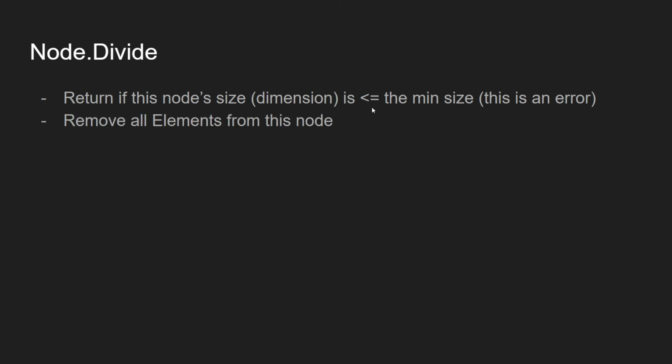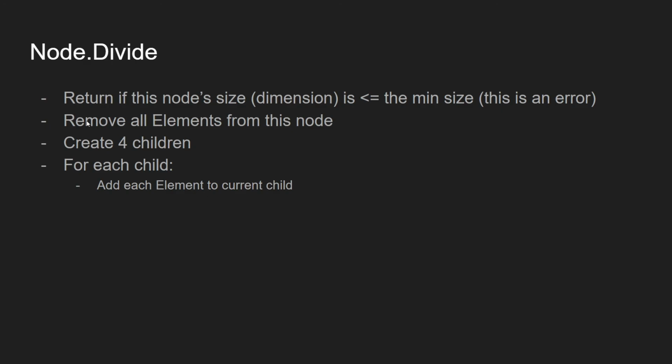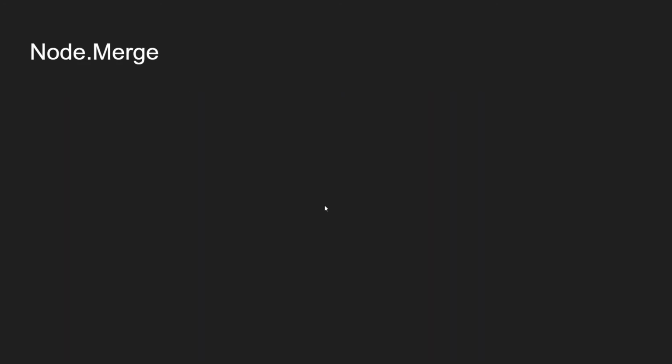So if this isn't true, so if we can actually divide, then we remove all elements from this node, because remember, each node stores either 0 children and a list of elements, or 4 children and 0 elements. So when we divide, we're moving from 0 children to 4 children, so we need to get rid of all of our elements. Then we create our 4 children, and for each child, we add each of our previous elements to the current child. And then we actually delete this node's list of elements.